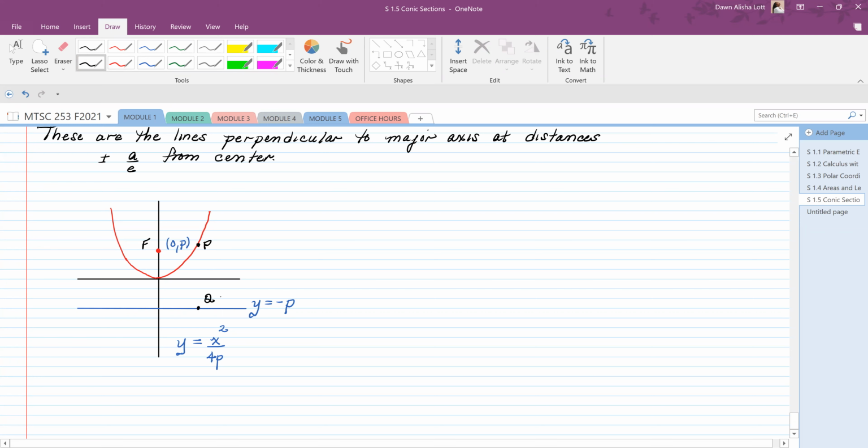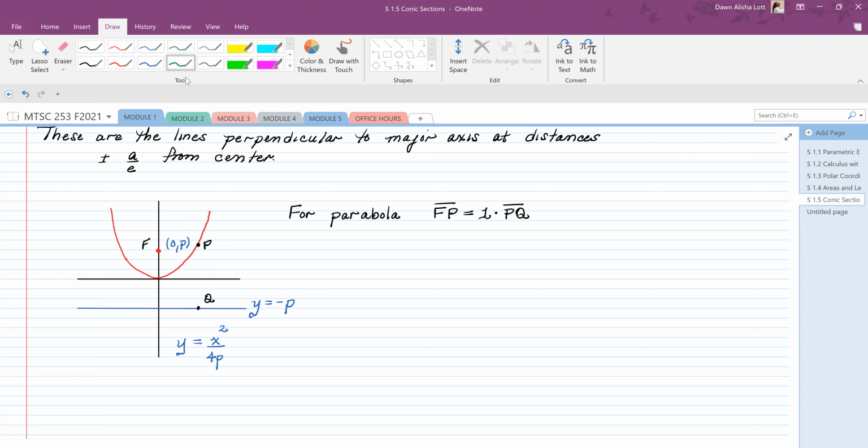And we said that for the parabola, the distance from F to P was the same as the distance from P to D, P to Q. Okay, so we talked about that. So this distance right here was the same as this distance right there.